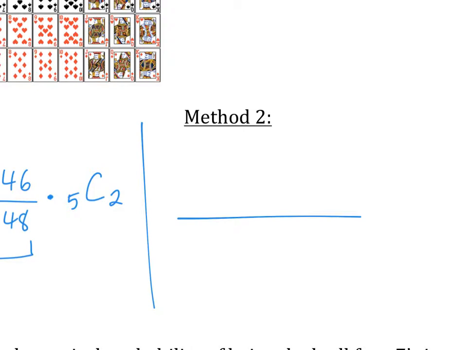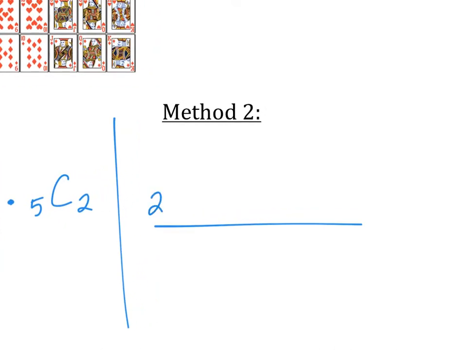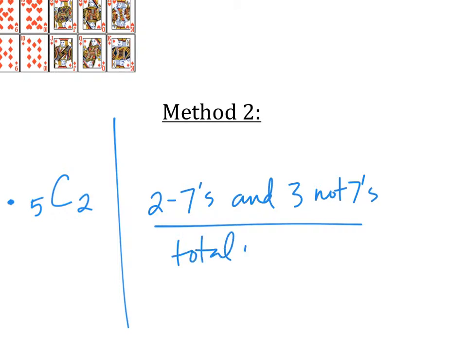Okay, again, probability is what you want over what is total possible. So we want 2 sevens and 3 not 7s, right? 2 cards have to be 7. 3 of them obviously are everything else, no 7s. Out of the total ways you can get 5 cards out of 52.